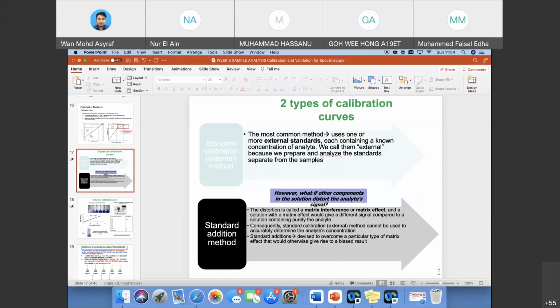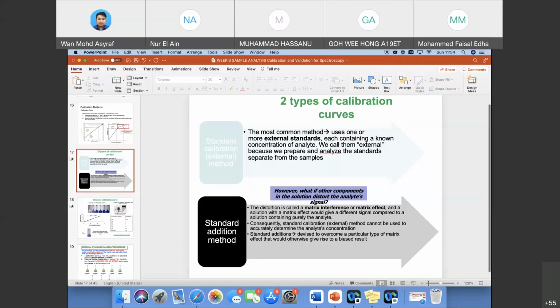There is another type of calibration curve, called the standard addition method calibration curve, which is this one. The matrix of the sample can create some distortion or interference towards your analyte response. This is what we call matrix interference, or matrix effect.